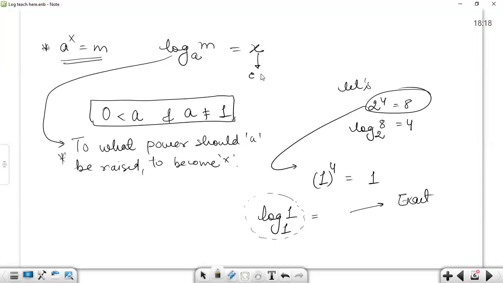The x is the exponent here. So to find x, we need the logarithm function. That's the significance of the logarithm function. So the logarithm function here is asking to what power should a be raised to become m.